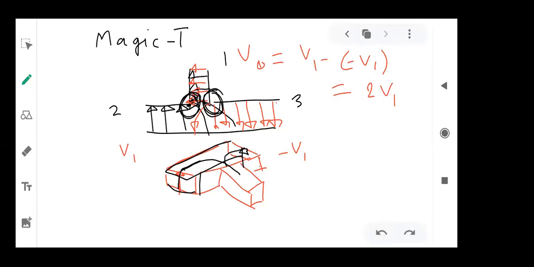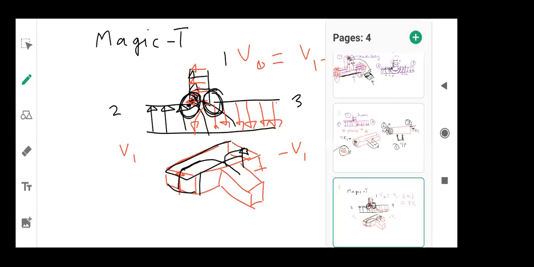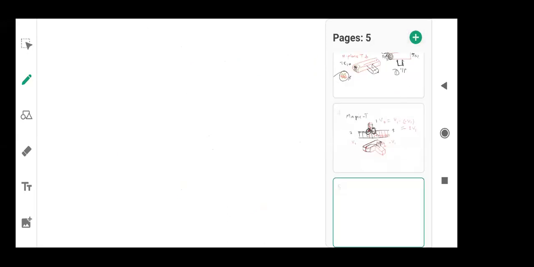Okay, now I'll move to the magic T. So magic T is simply the combination of the earlier two T's. In the case of magic T, I will not be drawing the details of the 3D structure.